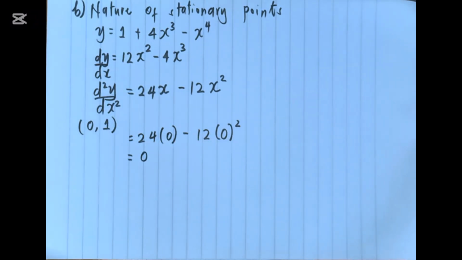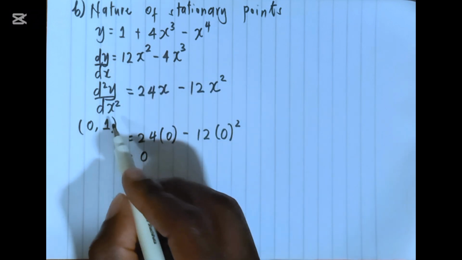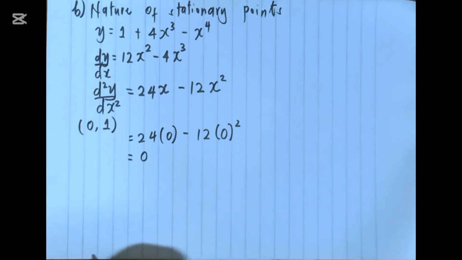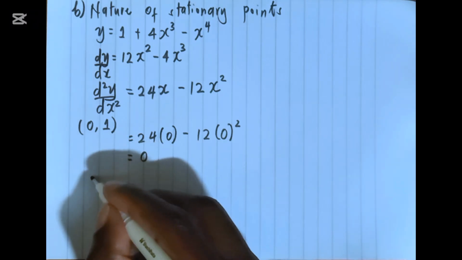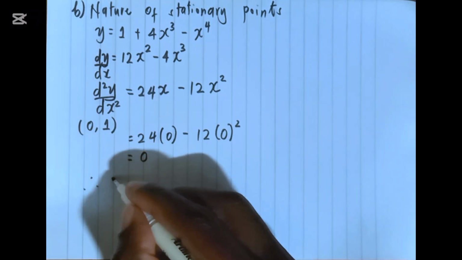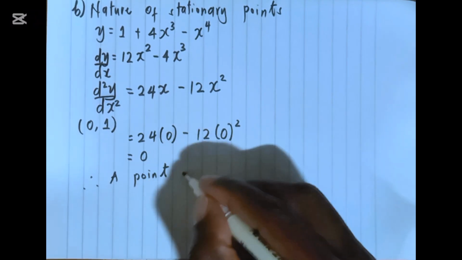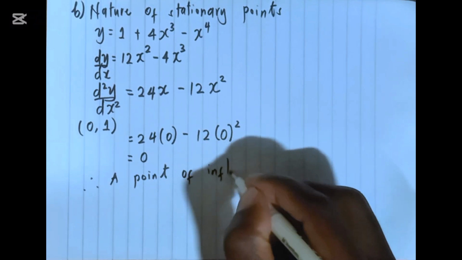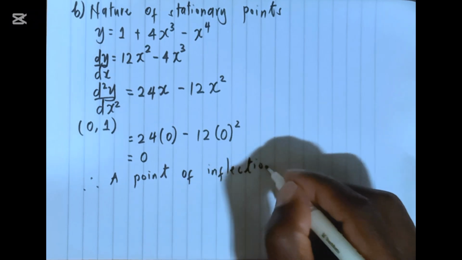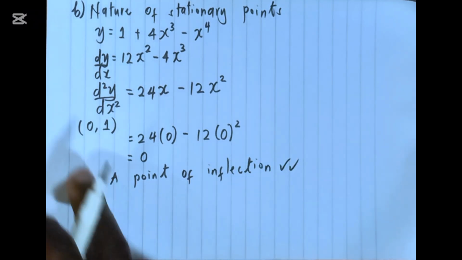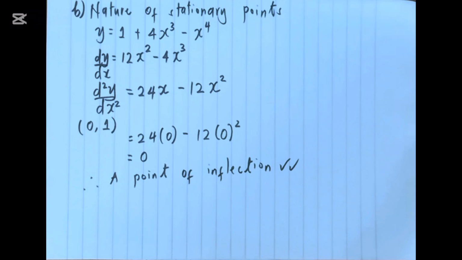So our second derivative is equal to 0. And what do we know about that? We said that when the second derivative is equal to 0, then that is a point of inflection. So at (0, 1), we have a point of inflection.